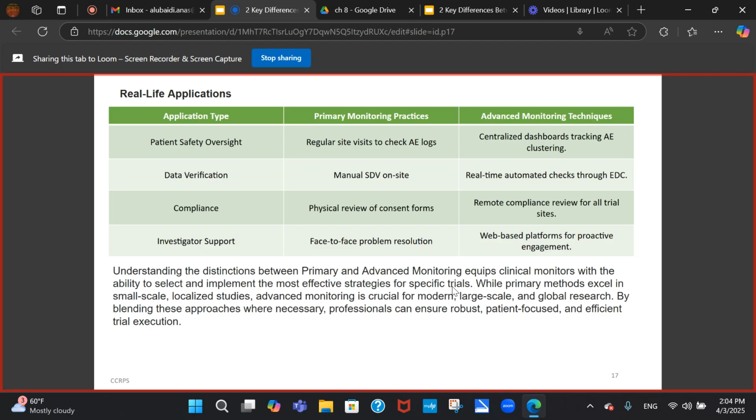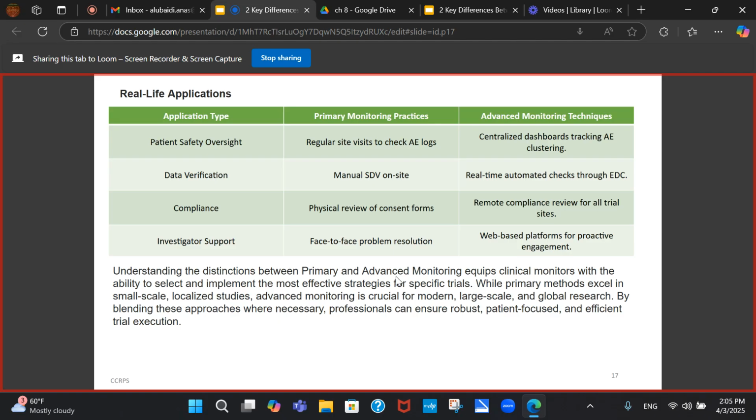So here, you as a monitor, despite your position, understanding both, the key benefits, challenges, advantages, disadvantages, and the definition and the way of applying each, primary and advanced, can choose which strategy to follow, and maybe the hybrid one.